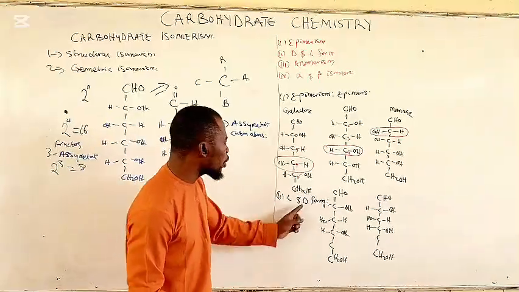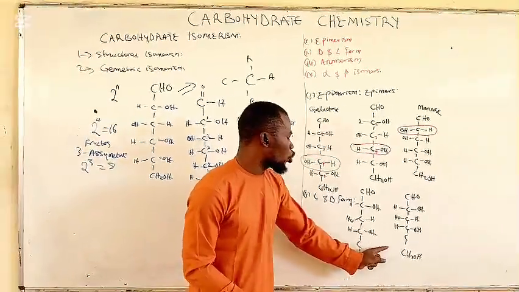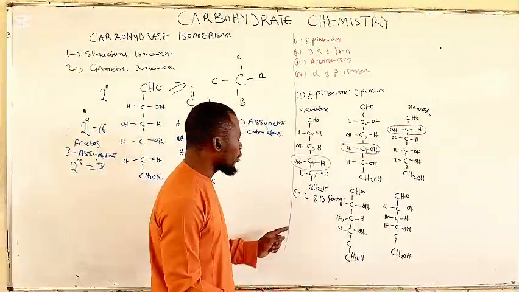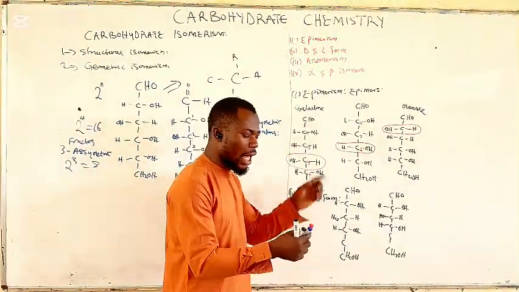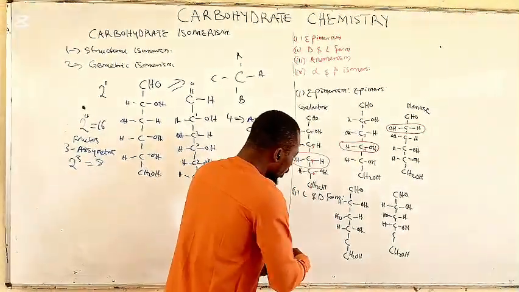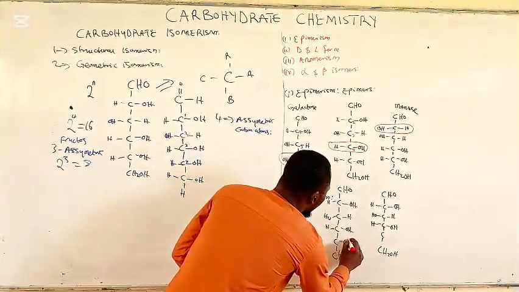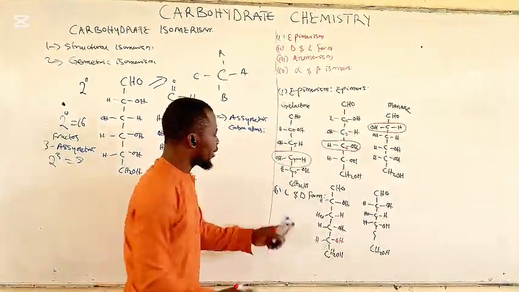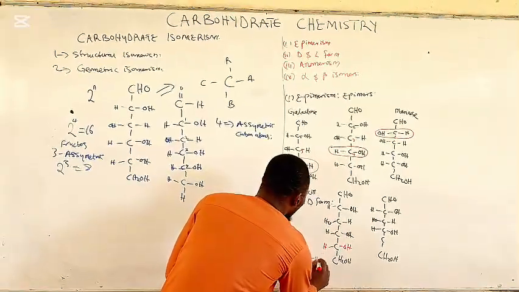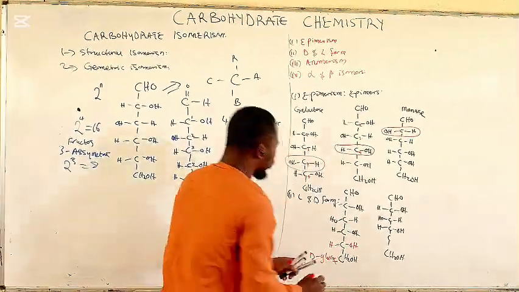We say that if the OH is oriented to the right, that is D form, but if the OH is oriented to the left, that is L form. Now, if we orient our OH to the right, this will give us D glucose.